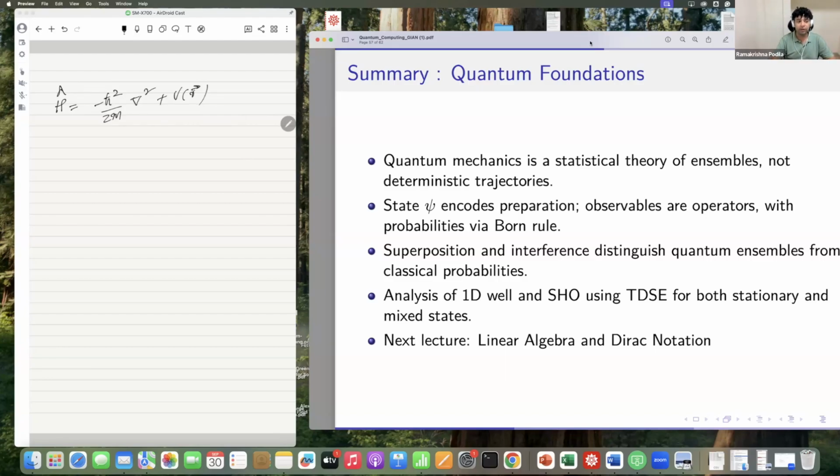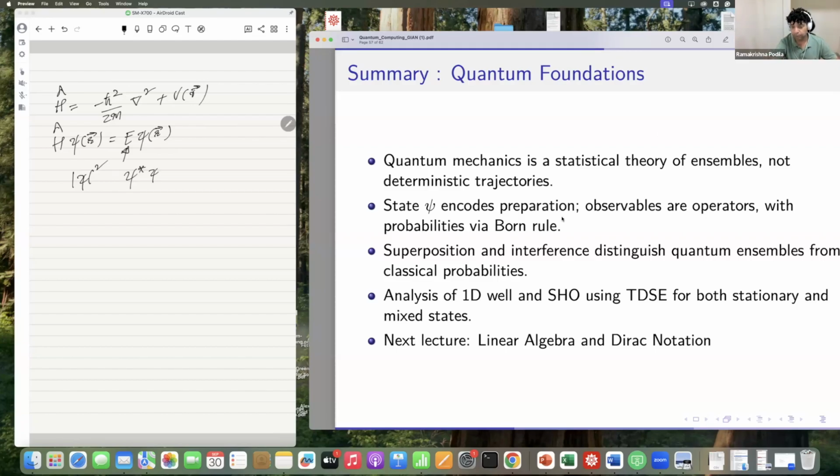If it operates on psi, then in the time independent Schrodinger equation we would get energy, which is the observable. Again, when we measure, we only measure the ensemble average. And this ensemble is not a multi-particle ensemble. It is single particles identically prepared. And to get the probabilities, we need psi squared, that is psi star psi.